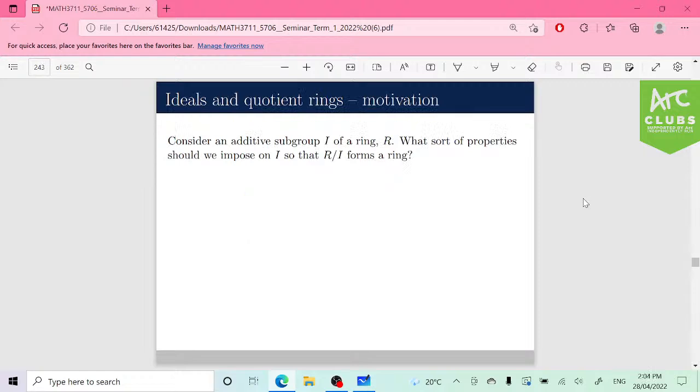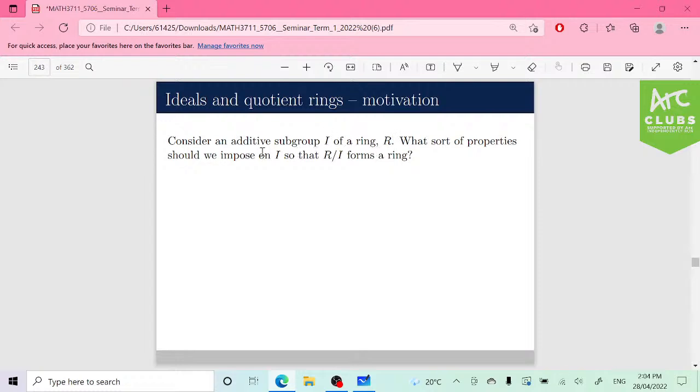So naturally now, let's talk about a smaller type of ring. Let's consider a subgroup of a ring. This subgroup is not necessarily a subring, because the ring itself doesn't necessarily have a multiplicative identity, so it's not necessarily a ring in its own right.